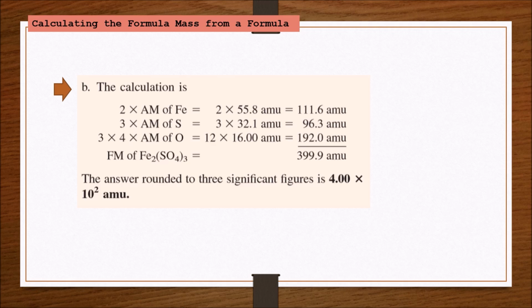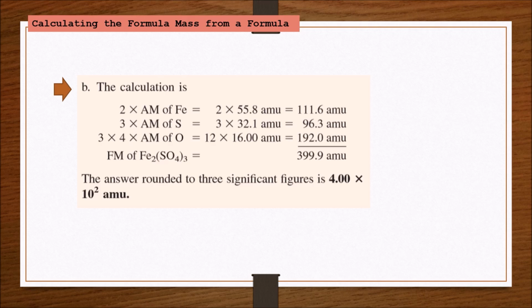Okay, so this is how you do the calculation for iron sulfate. First, you identify the number of each atom. For iron, you have 2. And then since SO4 is indicated by a parenthesis, you simply multiply the subscript, and you will have the number of sulfur as 3. And for the number of oxygen atoms, you'll have 12. Then you simply multiply the number of atoms times each atomic weight. For iron, you have 2 times 55.8.